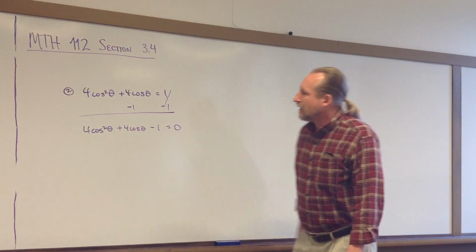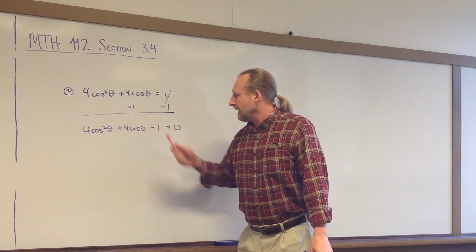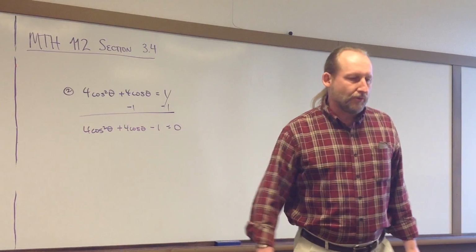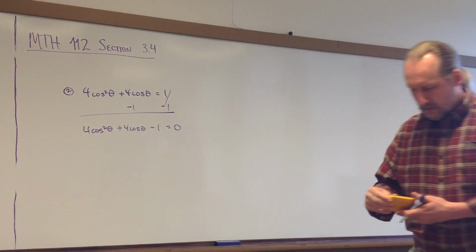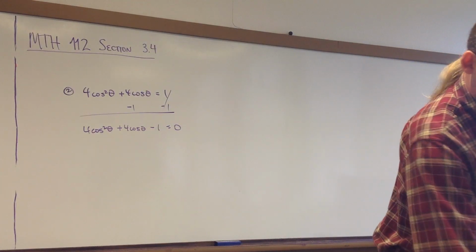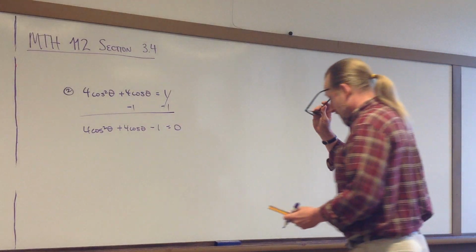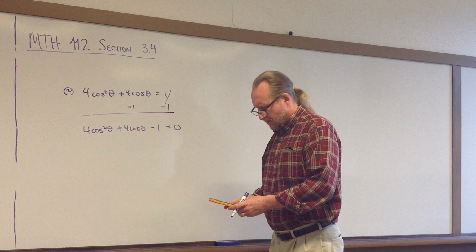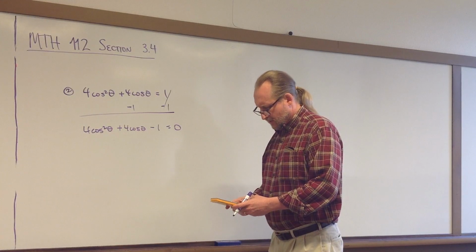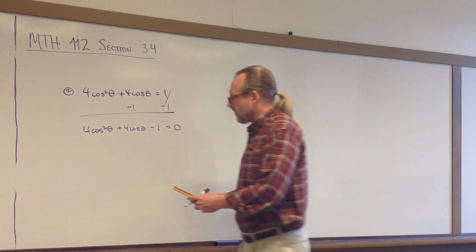Then we can get answers for what the cosine of theta should be, and then we'll figure out what theta is. A is 4, B is 4, C is -1. Let's run that through the quadratic.